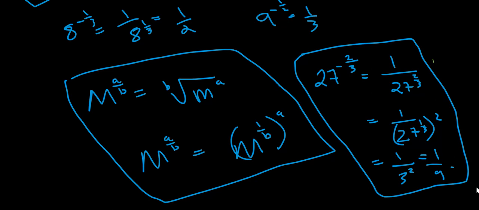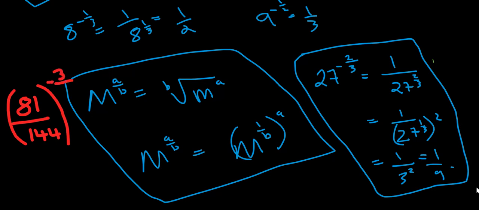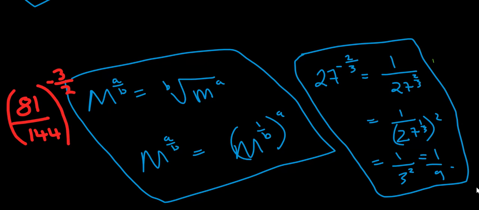Let's do, I don't know, 81 over 144, all to the negative 3 over 2. So see if you can have a go doing that one using these principles. Let's pause the video. Okay, so hopefully you've done that now.